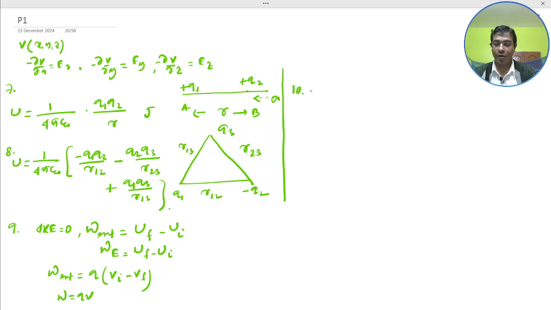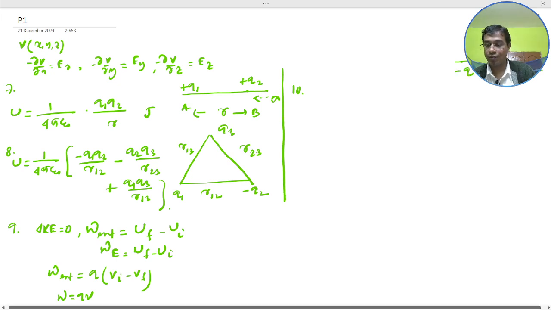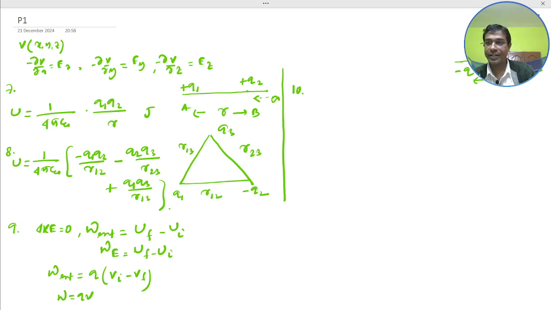Now the electric dipole moment. This is a dipole with minus Q charge here and plus Q, and the distance is 2L. The electric field direction is opposite to the dipole moment P. So P is equal to Q charge times 2L, basically 2QL.